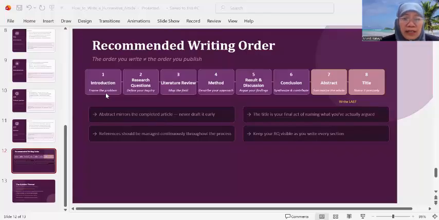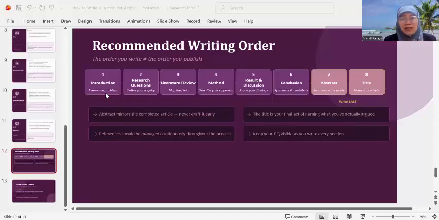And then the literature review, which means you map the field or the theoretical and practical landscape. Then the method, where you describe the approach, the data sources, the data collection and how to analyze that data.